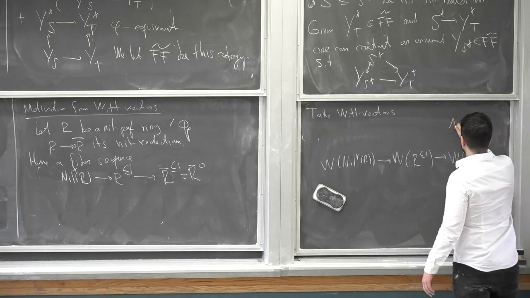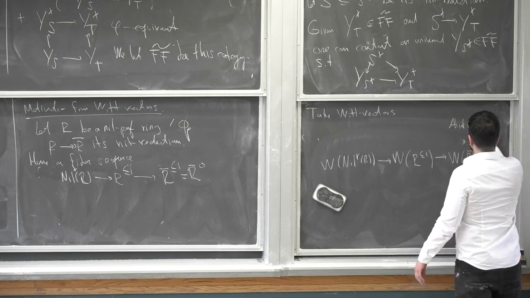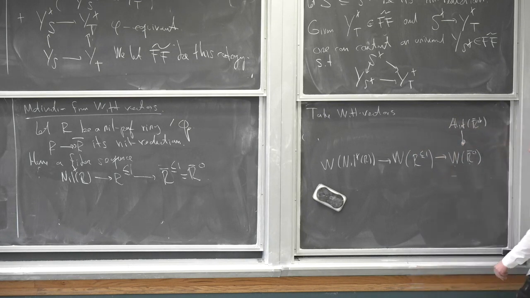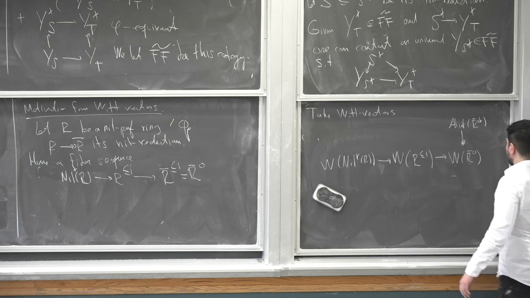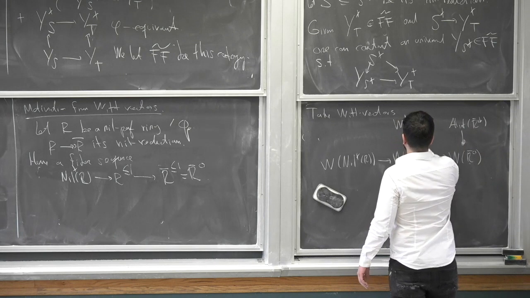So actually we have a map from W flat of this guy into here. We have this map, and then we can try something like this double branch.